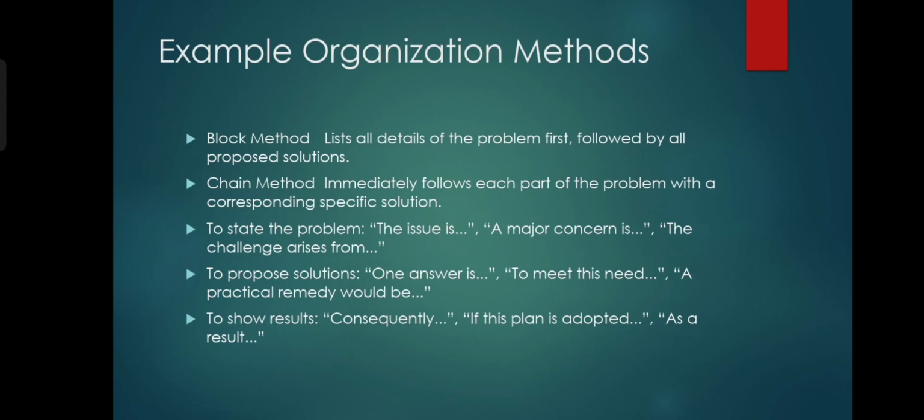Example organization methods. Block method lists all details of the problem first, followed by all proposed solutions. Chain method immediately follows each part of a problem with a corresponding specific solution. To state the problem: the issue is, a major concern is, the challenge arises from.